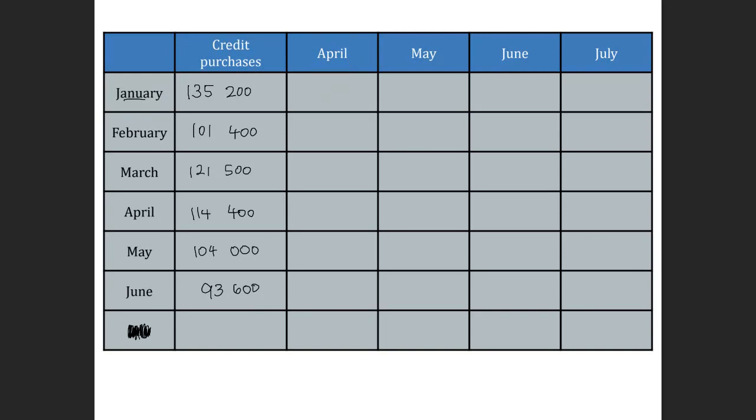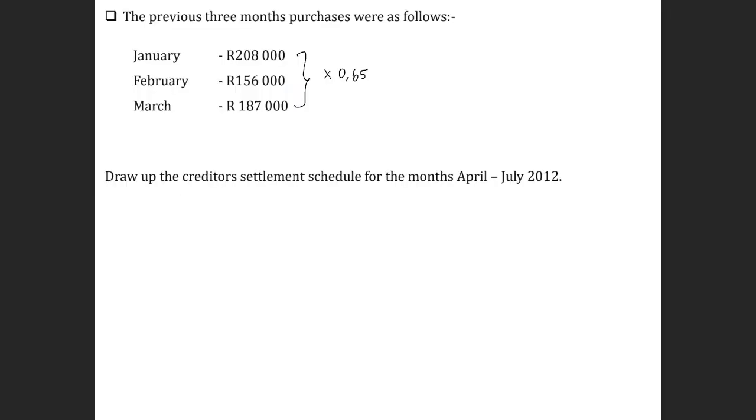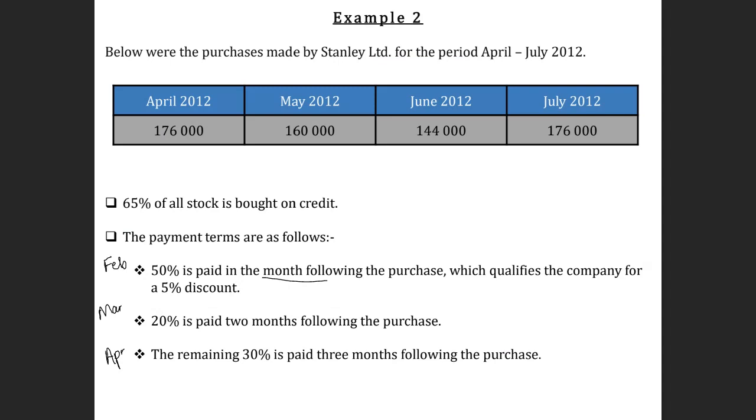So you're going to take the credit sale of this 135,200 and you're going to work out. So this is going to give you 40,560.